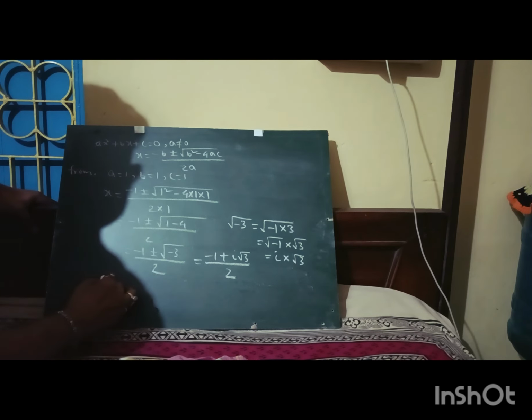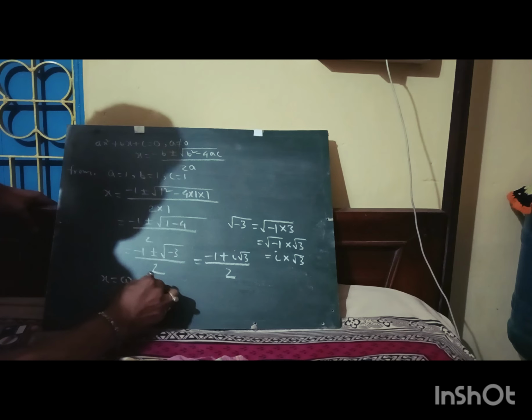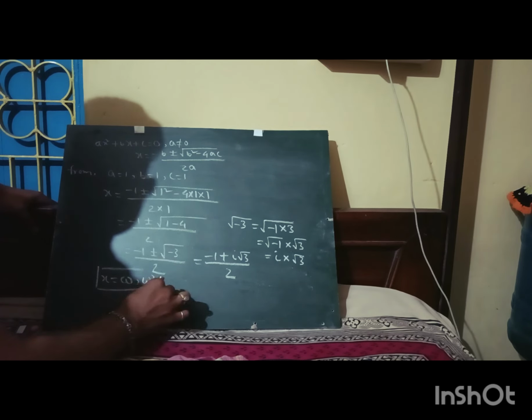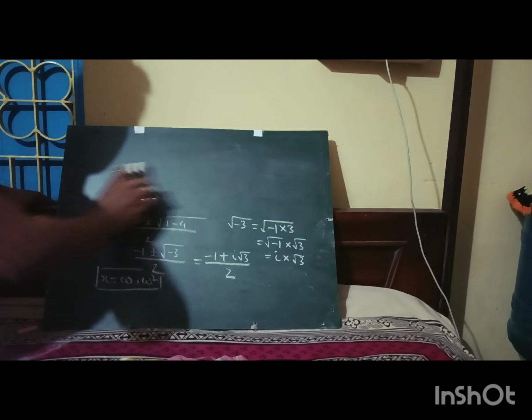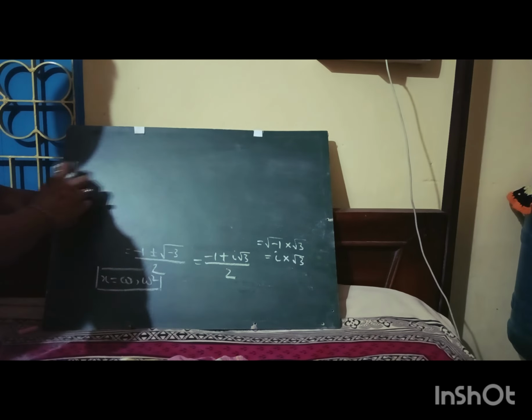Now we write it as x is equal to omega and omega square. Now we discuss it. What is the case about omega and omega square?